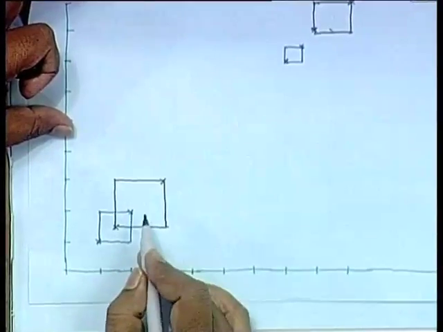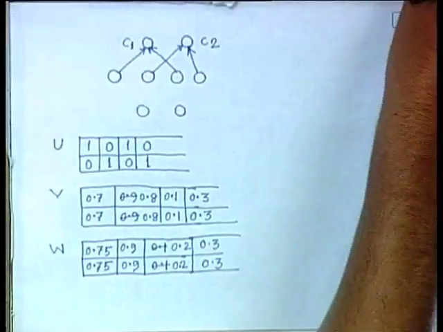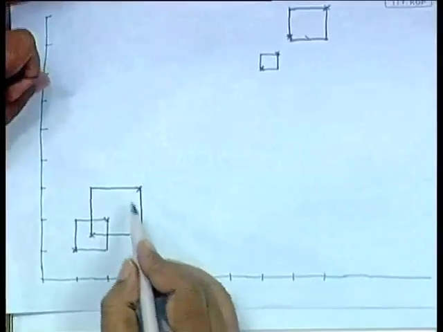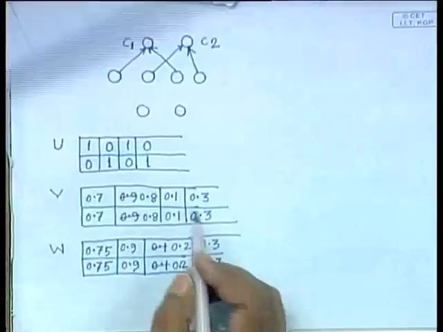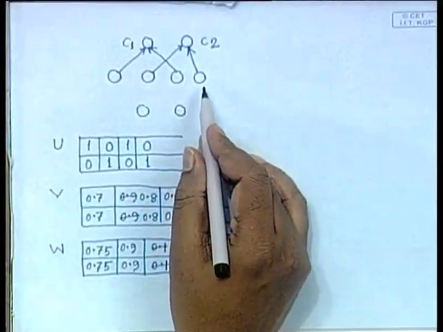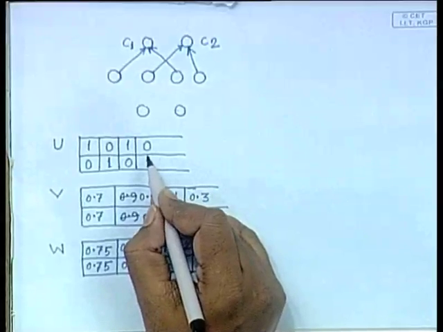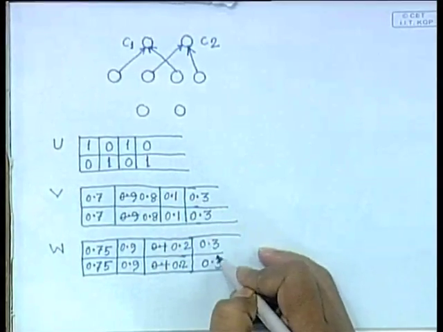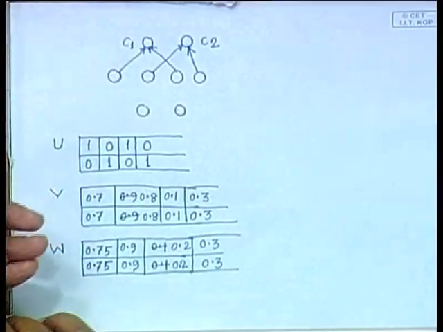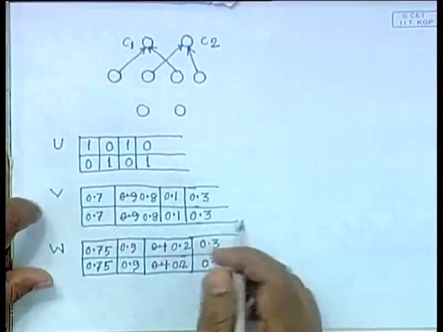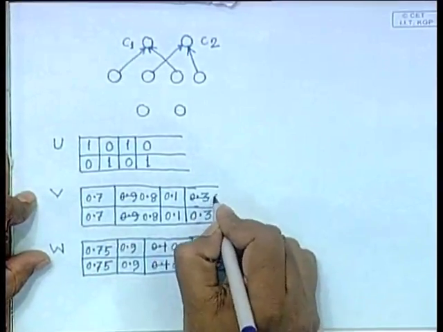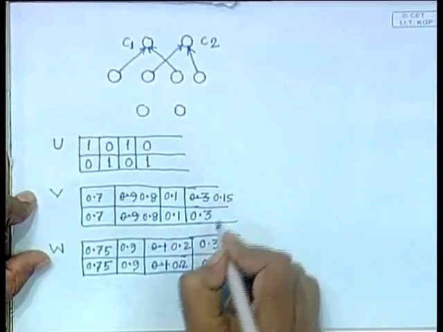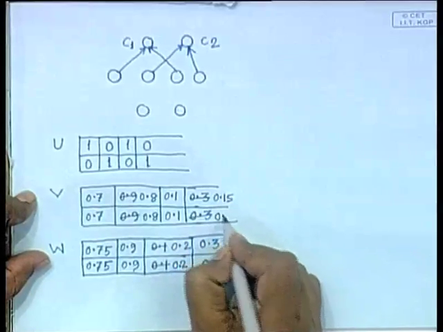So, when I expand this, because I am not adding any new node, in the middle layer the structure will remain the same. In matrix U I do not have to make any more entry, only the min point and max point of these two will be different. So, the new min point of the previous hyperbox will be 0.15 and here it is 0.15.